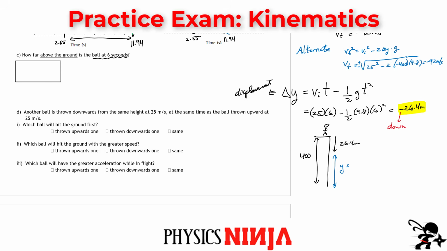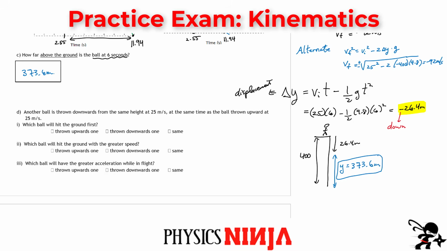So if you do that math, you should get 373.6 meters. This is really my position above the ground, because they explicitly asked that in the problem. So be a little bit careful: when you're calculating delta y, it really is a displacement relative to where you started.